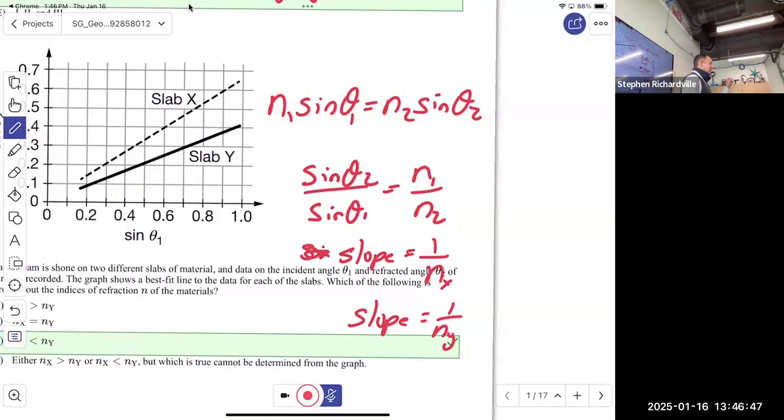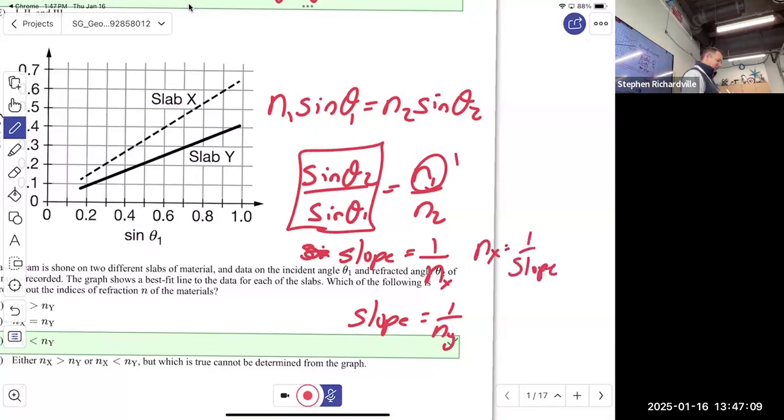Right? So like 1 sine theta goes in sine theta. So in each situation, the slope would be 1 going from air over N2. But what that means is that really N is the inverse of the slope. So Nx would be 1 over the slope. Or Ny is 1 over the slope. Is that enough for that?